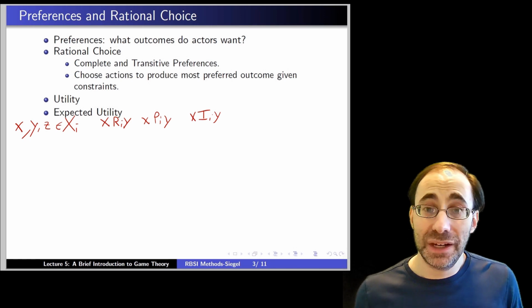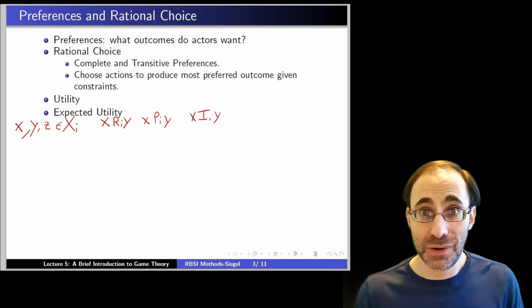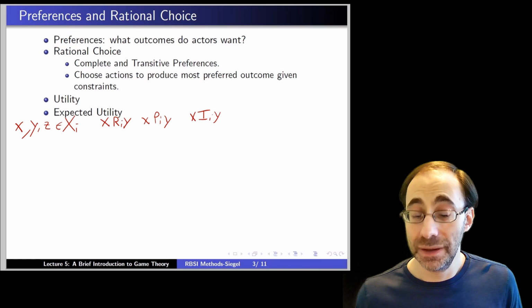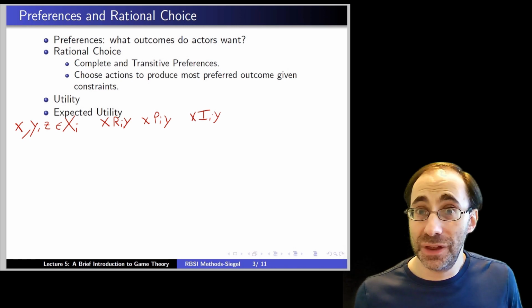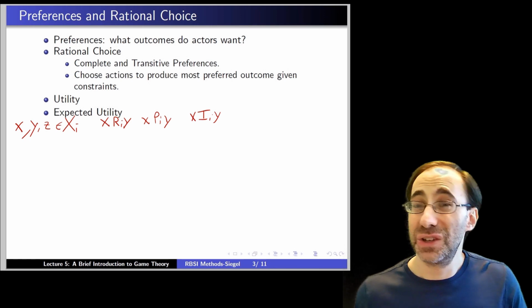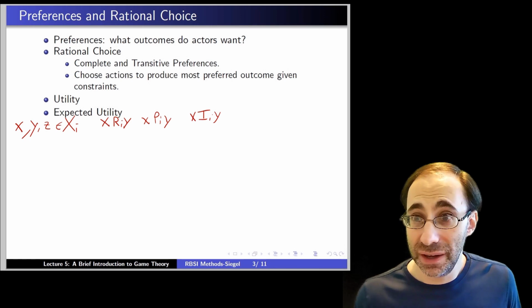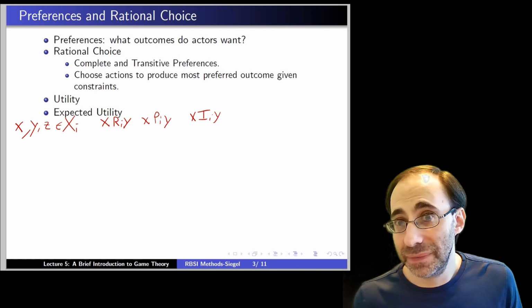Complete preferences mean for any two outcomes that I might achieve in this interaction, this choice I am making, I know how to rank order them via preferences. I can tell you, is x at least as good as y? Is x better than y? Or am I indifferent between x and y? Or is y at least as good as x?